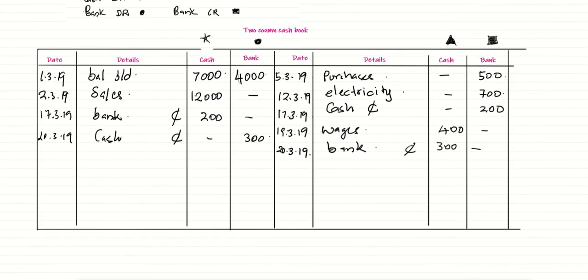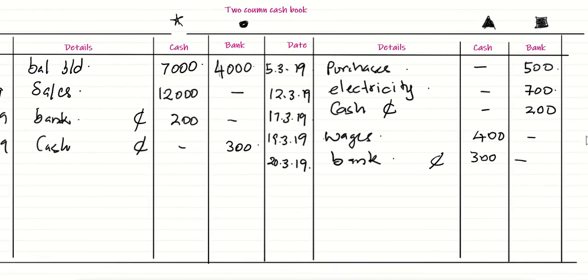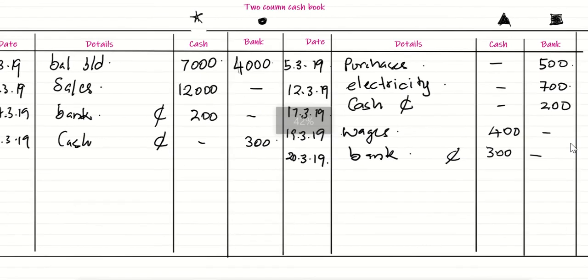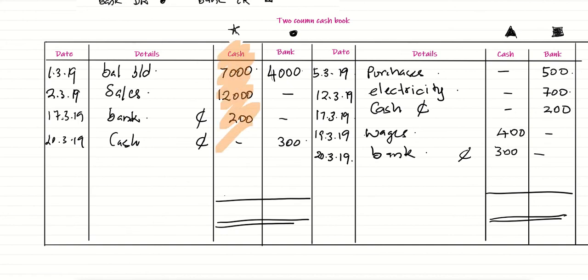Now it's time for us to balance the two-column cash book. So let's see how we can balance this. Leave a little bit of space for the balancing. And first we are going to compare the two cash columns. Now let's see which side is greater. The debit side is greater, by around 19,200.